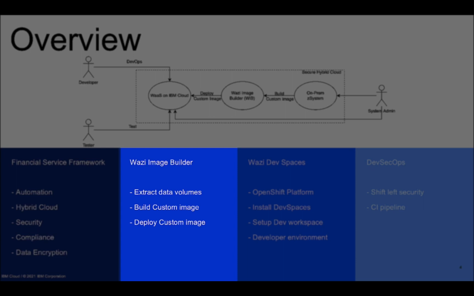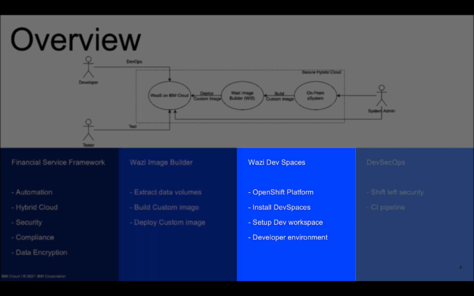Next, I will show you how we can build a custom image using WASI Image Builder and deploy onto WASI as a service instance on IBM Cloud. Then we create an optional step wherein the developers can perform development using dev spaces.